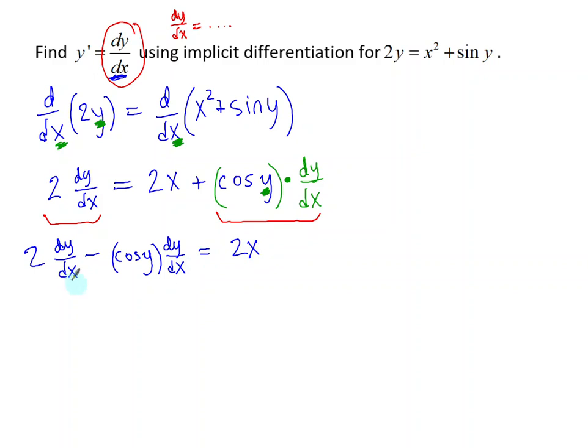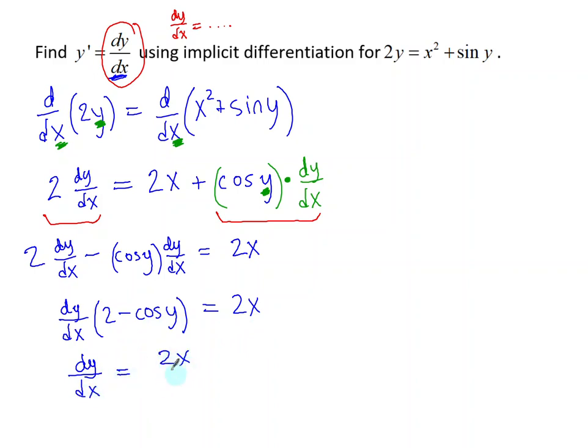Now I factor out the common factor dy/dx. 2 minus cosine y is left. And now I want dy/dx by itself. It's multiplied to this binomial, so I will divide by that quantity. dy/dx equals 2x over 2 minus cosine y. And now I have dy/dx.